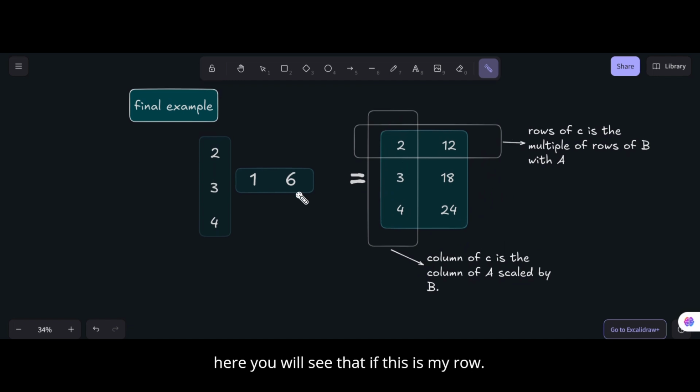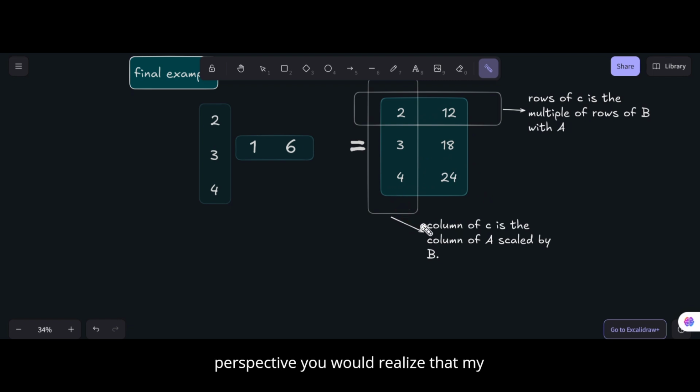So here you would see that if this is my row, all of the rows of C have been scaled by the components of A. Let's assume this is A, so these are the scalars, and this is my row B, and it has been scaled by the components of A. So these are basically the rows of B which have been scaled by A, and through the column perspective you would realize that the columns of A have been scaled by the components of B. So it's basically the combination of columns of A which have been scaled by their respective weights.